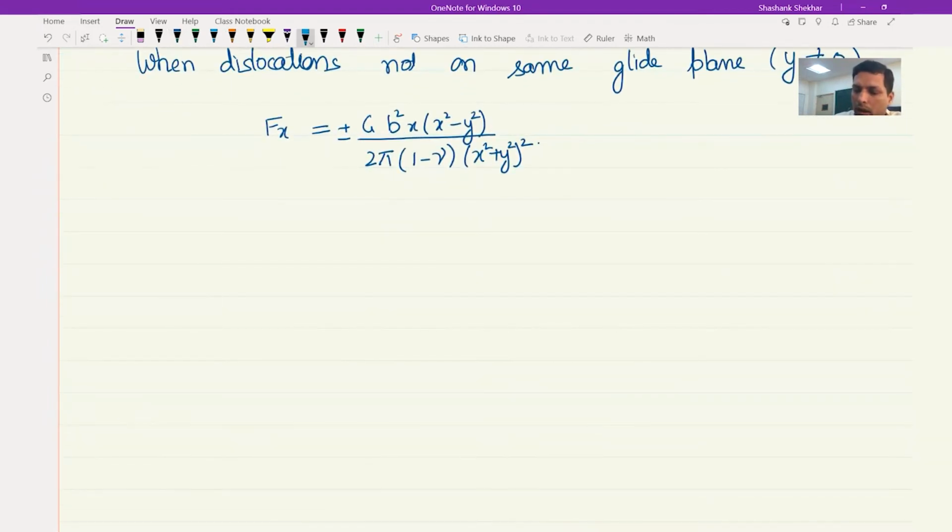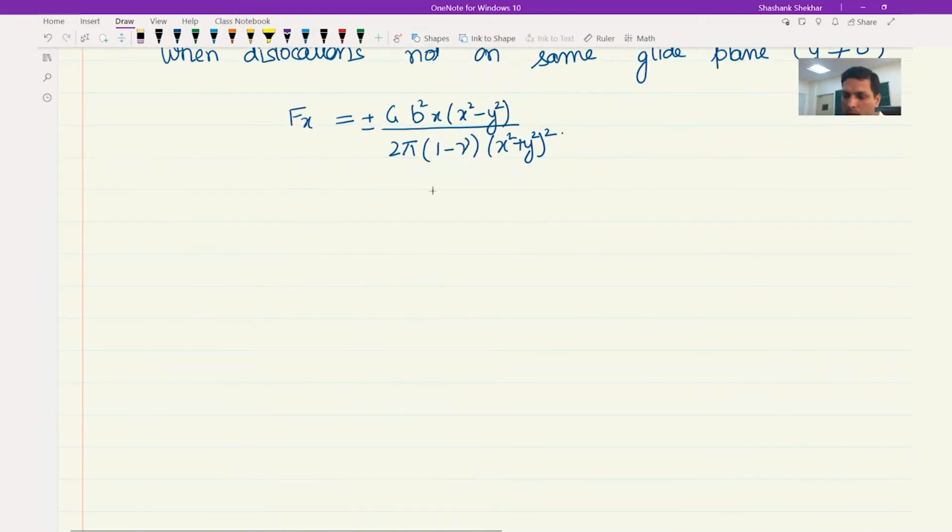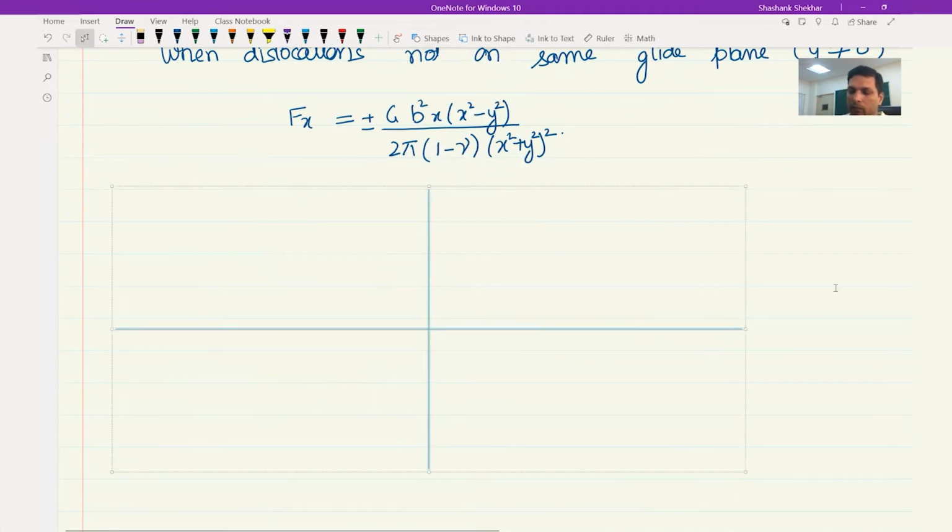Now, y is not equal to 0, and let's try to plot the relation. Okay, so I have drawn an xy plot because what I want to do is plot on the x-axis distance, but in a way which takes into account both x and y. So I will keep y fixed and write x in terms of y.